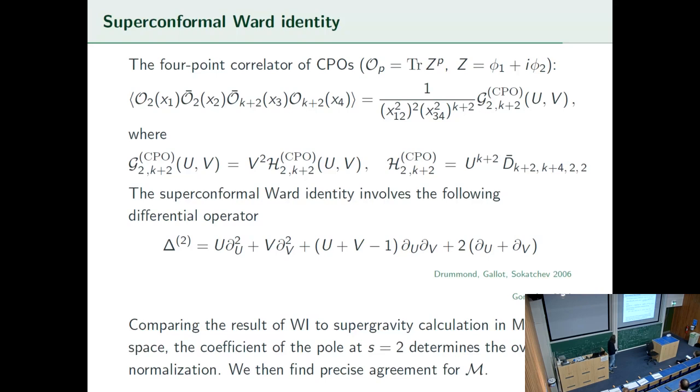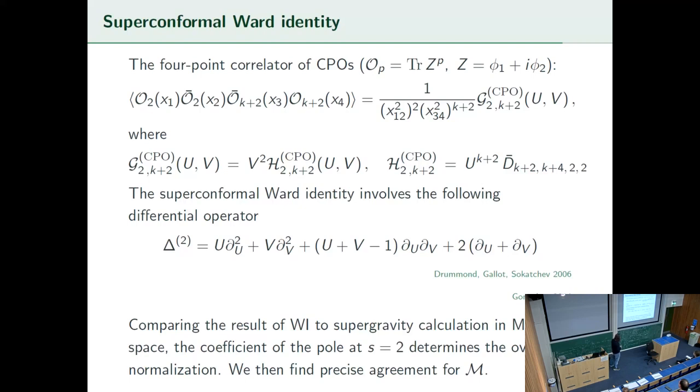To make the comparison, we need to act on this correlator with a differential operator which corresponds to the superconformal Ward identity. Essentially, this operator is the square of the operator delta 2, which was found in the literature. If we do this in position space, we have to convert the result back to Mellin space.